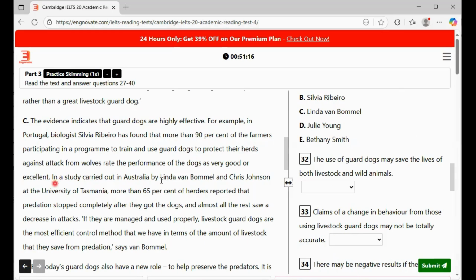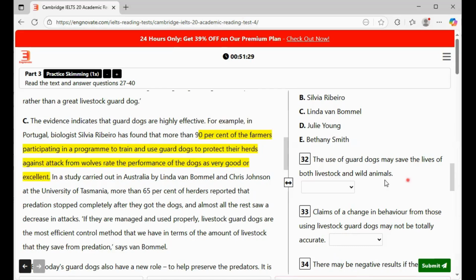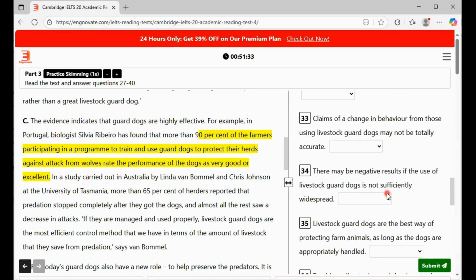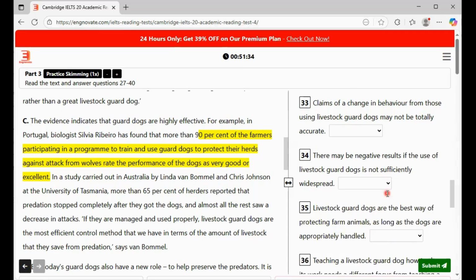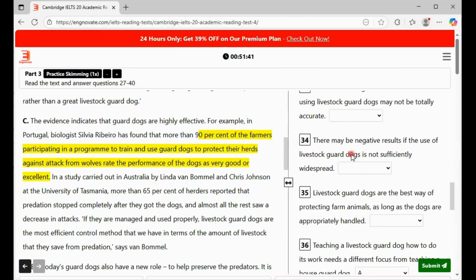In a study carried out in Australia by Linda Van Bommel and Chris Johnson, they found that the livestock are efficient. There's nothing here. Hold on. As long as the dogs are handled. No, it's not here. Let's go on.